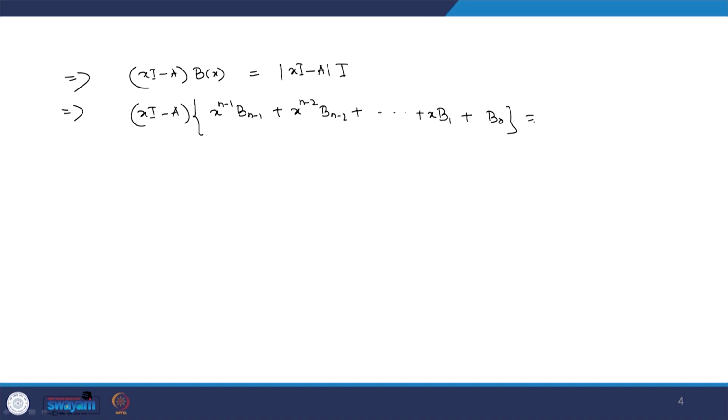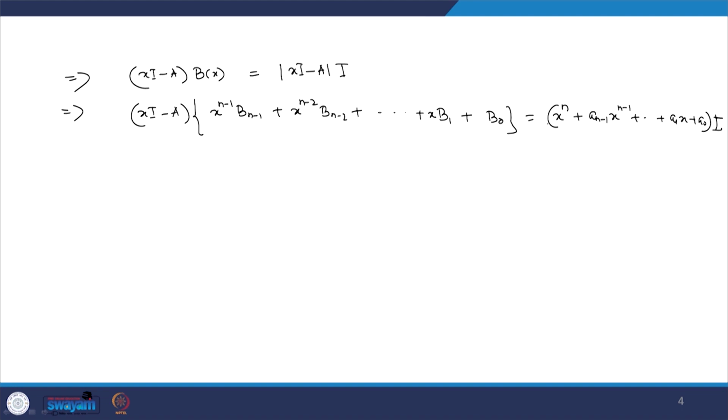This is equal to (x to the power n plus a_{n-1} x to the power n minus 1 plus ... plus a_1 x plus a_0) whole into the identity matrix, because the determinant of xI minus A is equal to this polynomial. That is why I have written this.